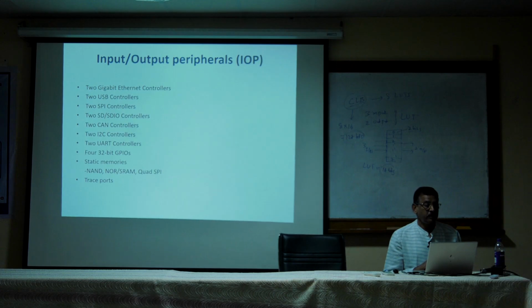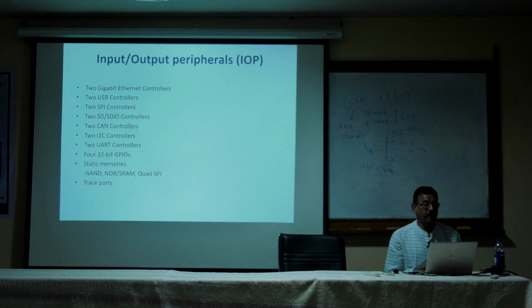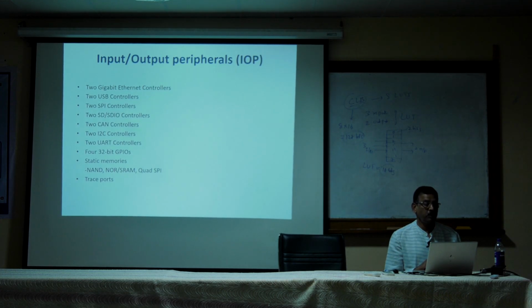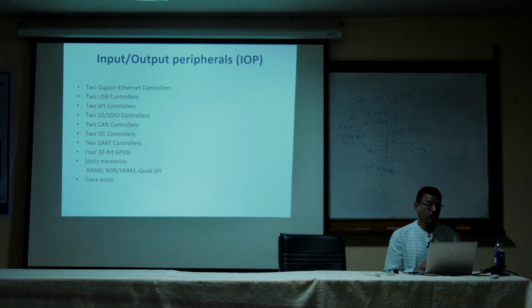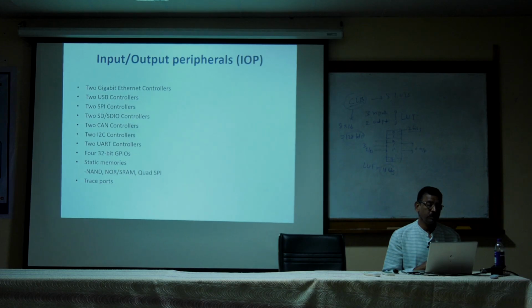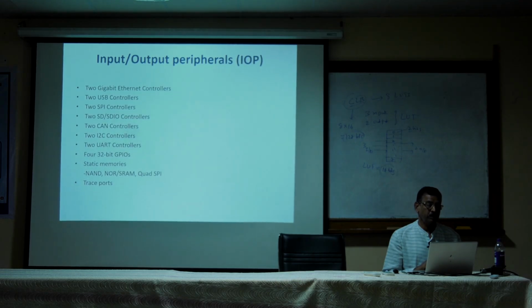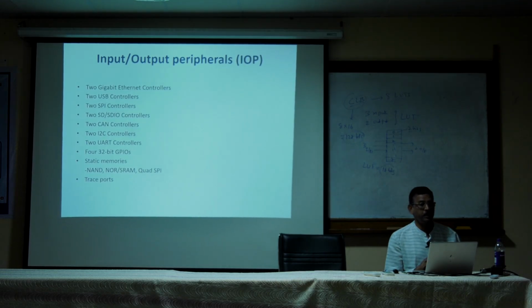Input output peripherals: 2 gigabit Ethernet controllers, 2 USB controllers, 2 SPI controllers, 2 SD card controllers, 2 CAN, 2 I2C, 2 UART, 4 32-bit GPIOs, static memory interfaces, NAND and NOR, quad SPI flash, and trace ports.